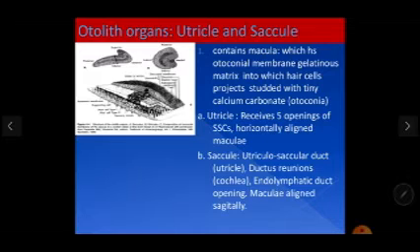If it falls into the lateral semicircular canal, it is lateral semicircular canal benign paroxysmal positional vertigo. Superior is very rare, because the superior canal is always against gravity. So the condition is very rare there.